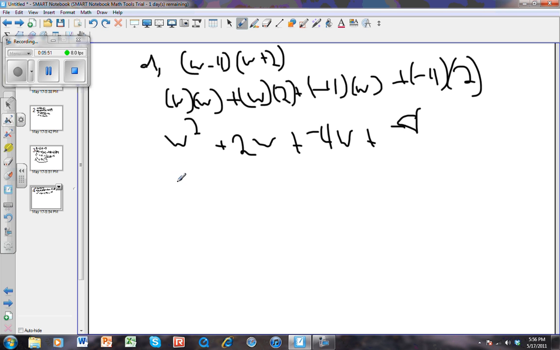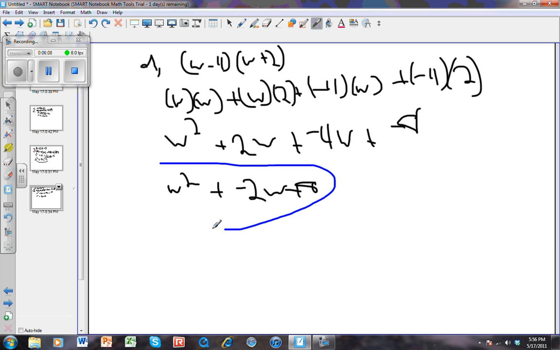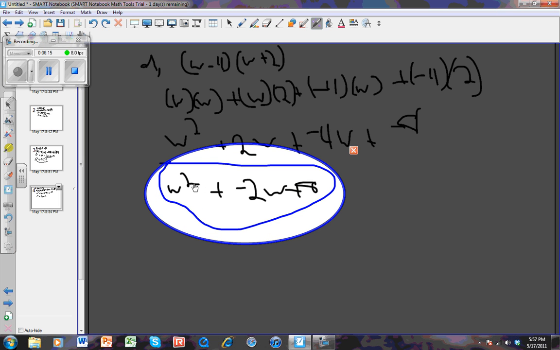And it's going to become W squared plus negative 2W plus just negative 8. There. And that's our final answer. Done.